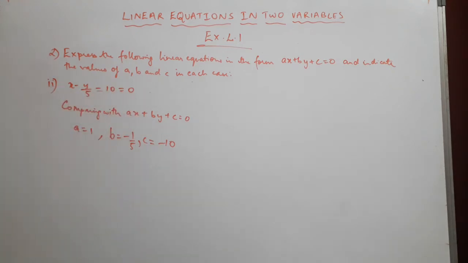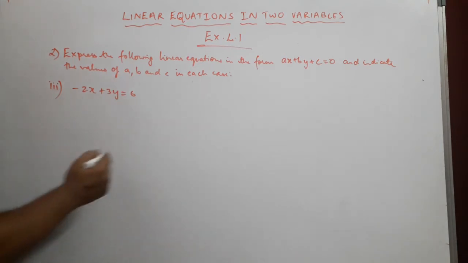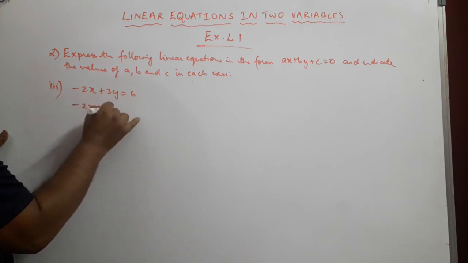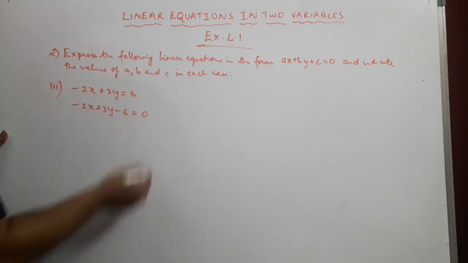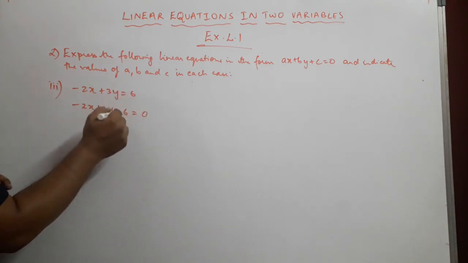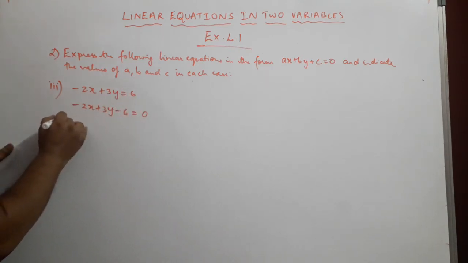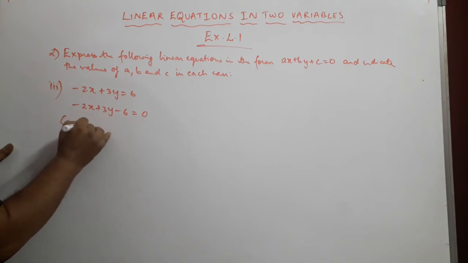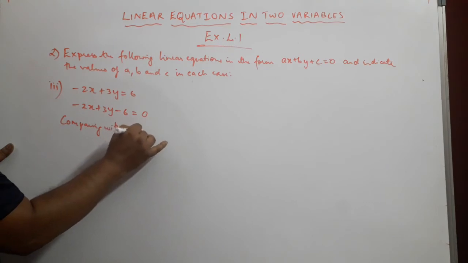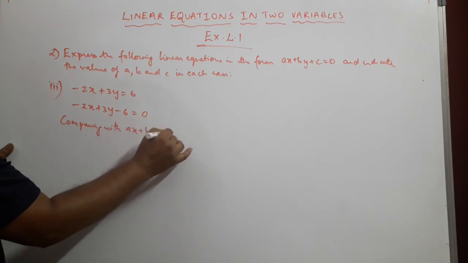Let's go to the next problem. Next problem, minus 2x plus 3y equal to 6. So we bring it in the general form, that is minus 2x plus 3y minus 6. Now I brought 6 on the left hand side, and as a result the sign changes from positive to negative. Now we compare it to the general form, comparing with ax plus by plus c equal to 0.